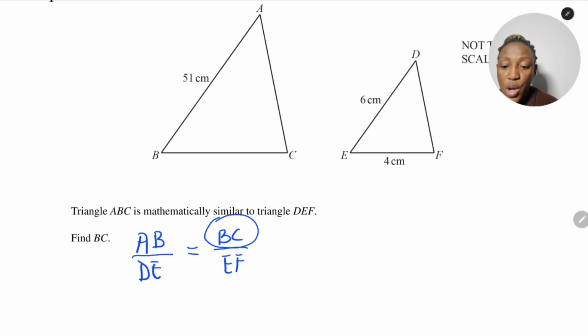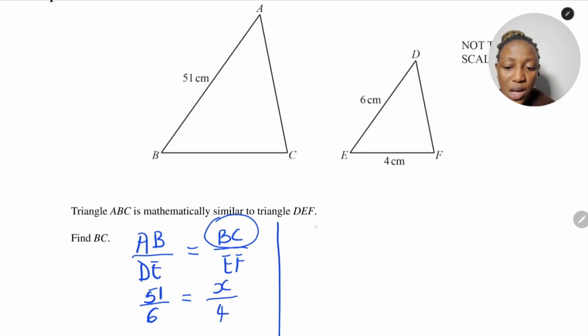So AB is 51 divided by DE, which is 6, should be the same thing as BC, which we don't know, so we say it's X, divided by EF, which is 4. To find X, it's 51 times 4, everything divided by 6.